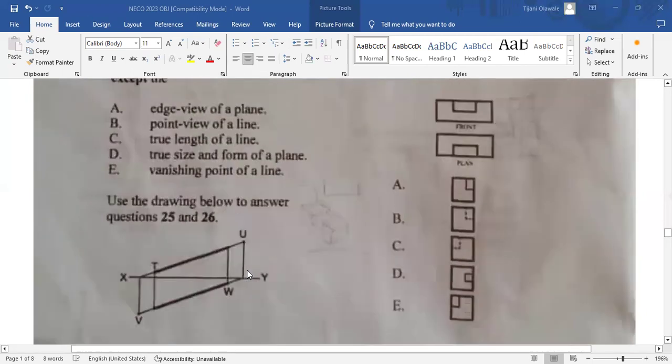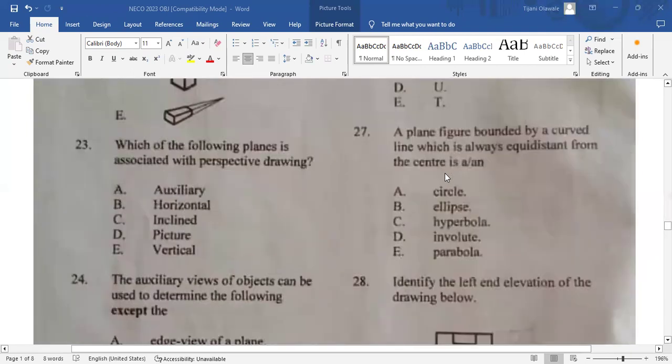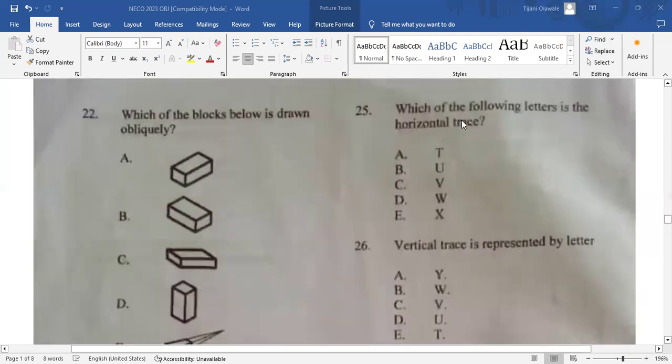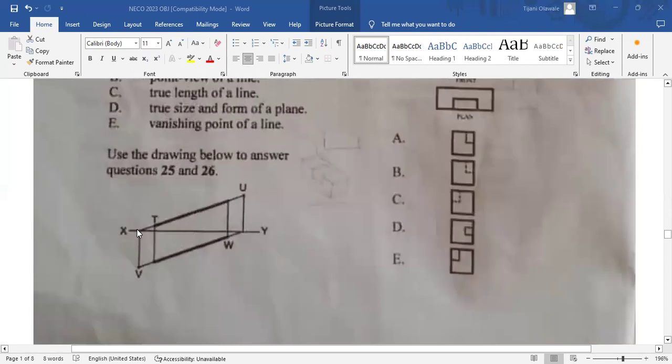Then we move to the next question. For this one, we are going to use this diagram to answer questions 25 and 26. Question 25 says, which of the following letters is the horizontal trace? The answer is option C, that is V. So this is a horizontal trace.